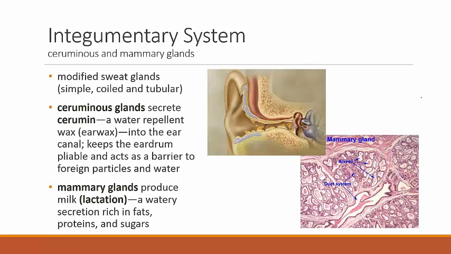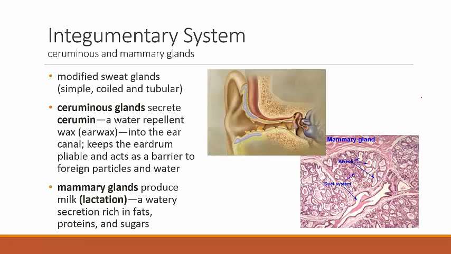There's a close analogy between the mammary glands and the kinds of secretions produced by the apocrine sweat glands. And of course, the milk that females can produce following childbirth is all about providing nutrients for the developing infant.